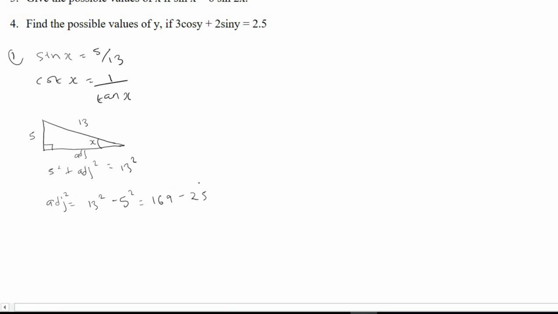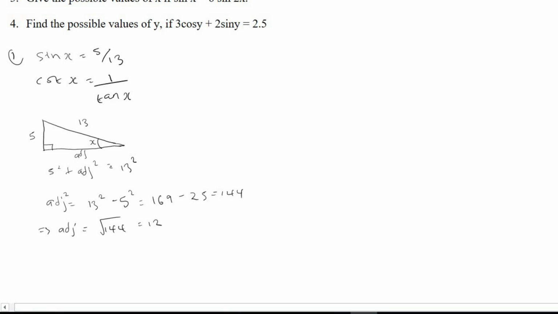Your adjacent squared is 144. So this implies that the value of the adjacent side is square root of 144, which is 12.